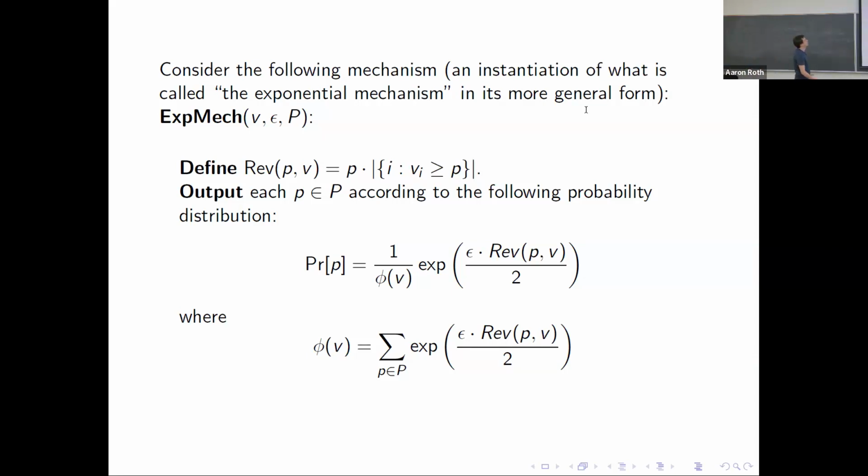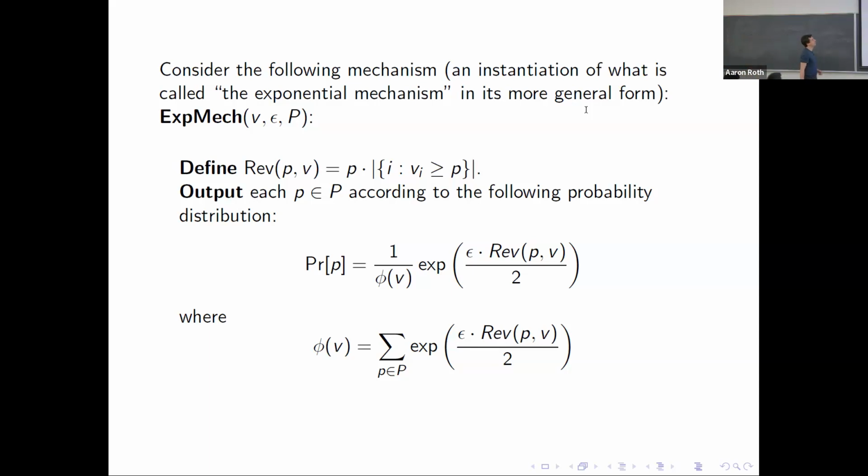Because P is a number between 0 and 1, and we're multiplying it by the number of bidders whose value is above P. By misreporting your bid, you can change this number of bidders whose value is above P by at most 1, because you could cause yourself to be one of those bidders or not, but you have no effect on whether the other bidders are above this price or not. So the nice thing about this revenue objective is that, at least for every particular price P, no single bidder can have a big effect on the revenue that we would make if we charged price P.